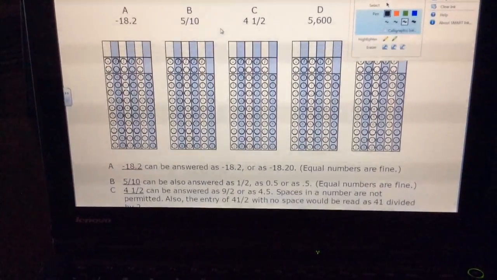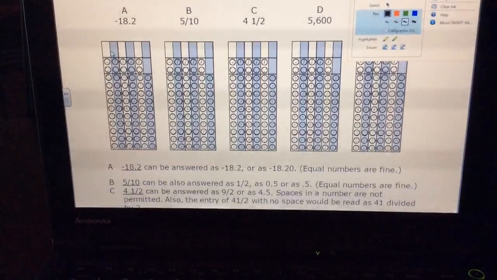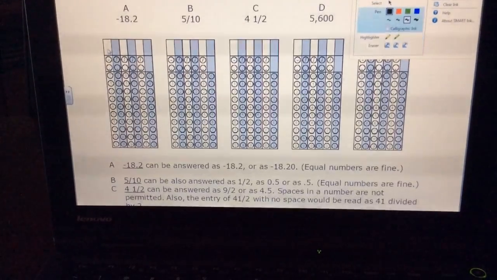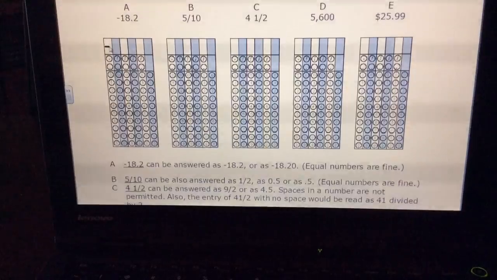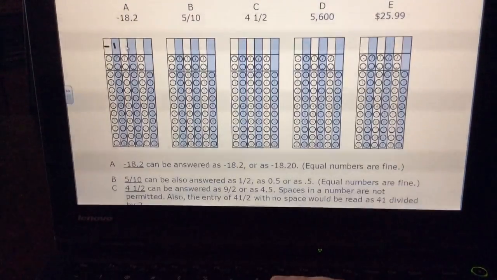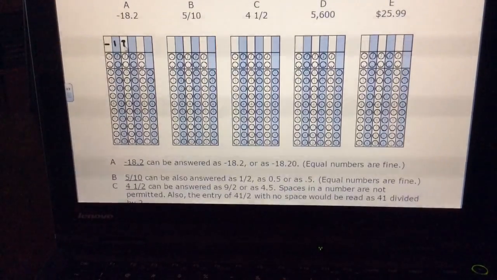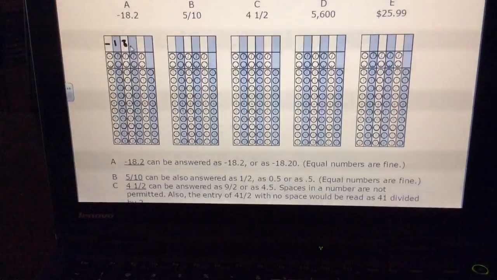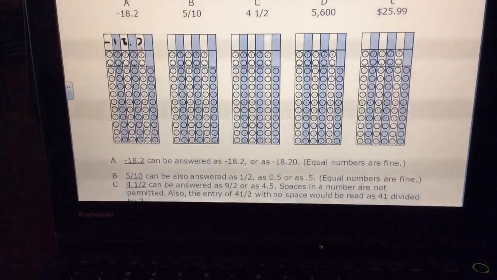All right, so this says negative 18 2/10. So the first thing we have to do is write the negative, 18, decimal, 2/10.